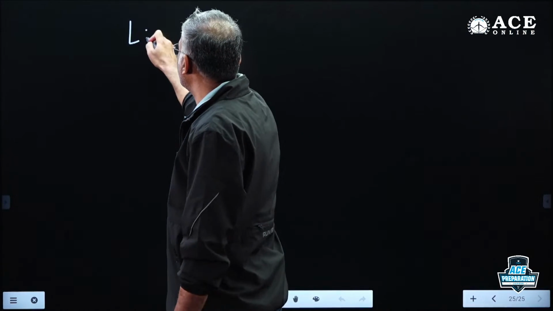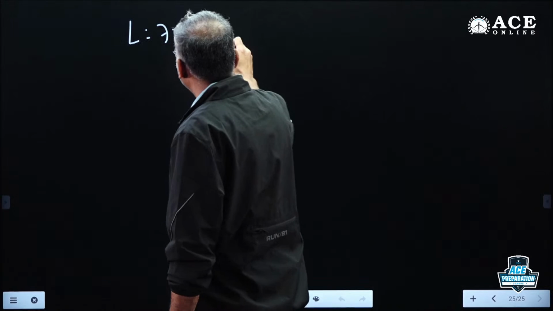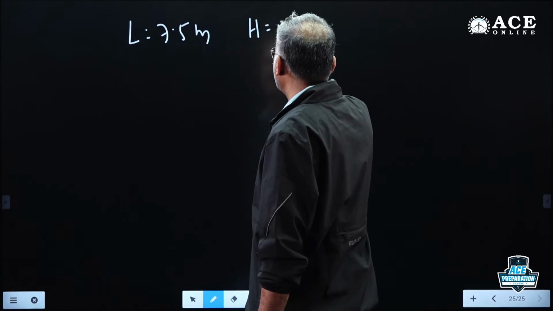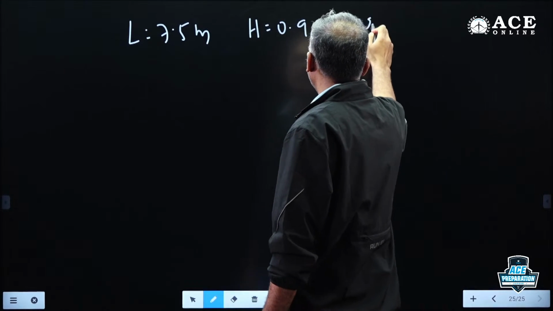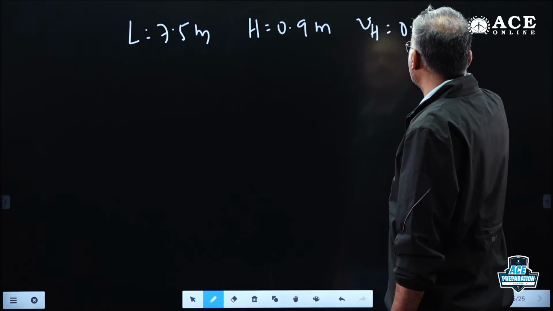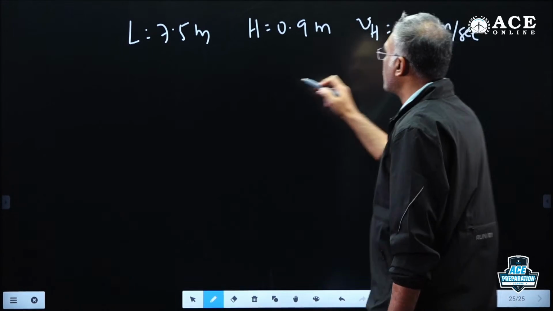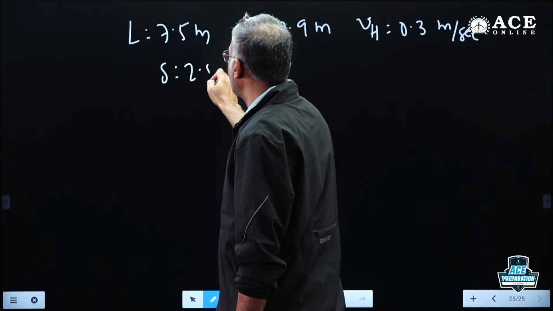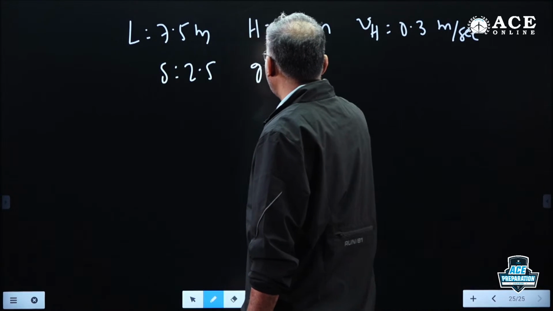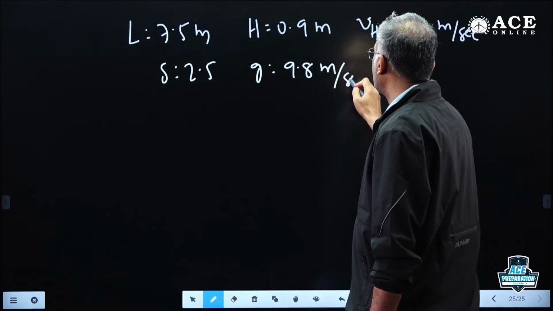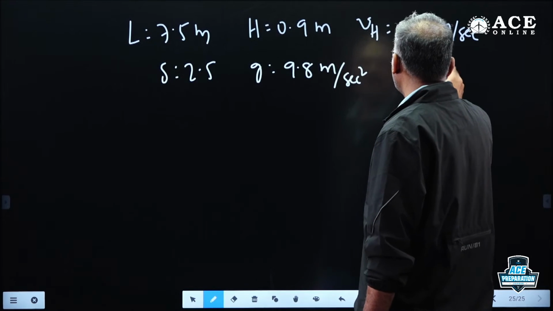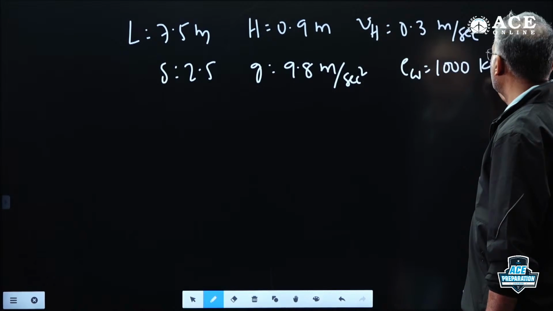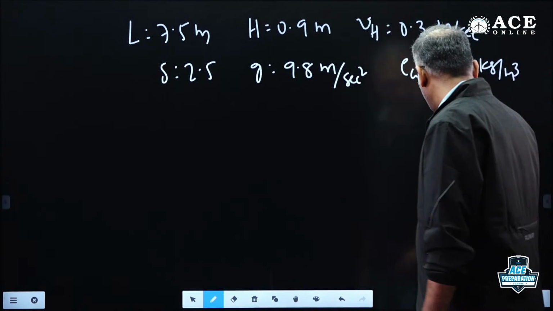The length of grit chamber is given as 7.5 meters, depth is 0.9 meters, flow through velocity is given as 0.3 meters per second. Specific gravity of grit particle is given as 2.5, G is given as 9.8 meter per second square, rho W is given as 1000 kilogram per meter cube, right? What else is given?